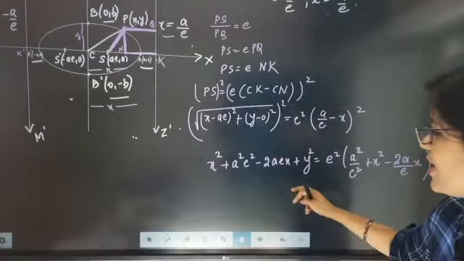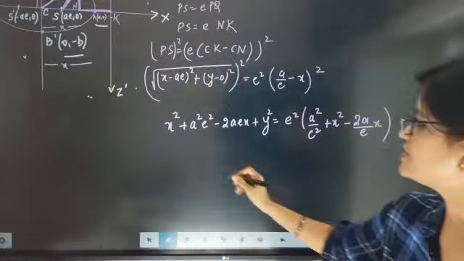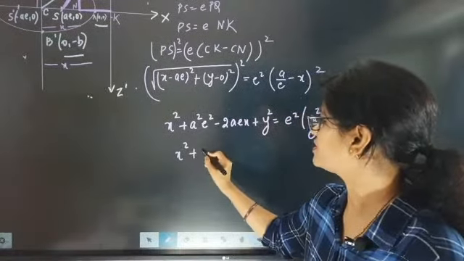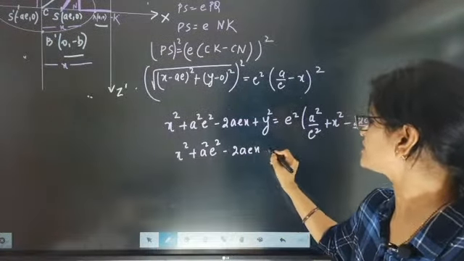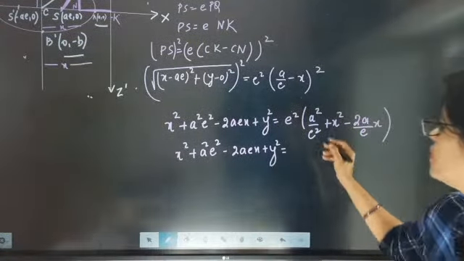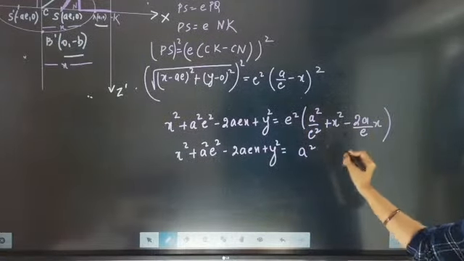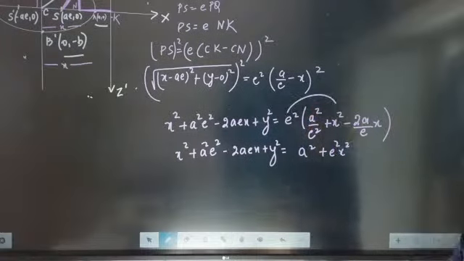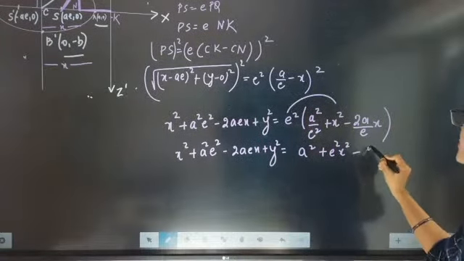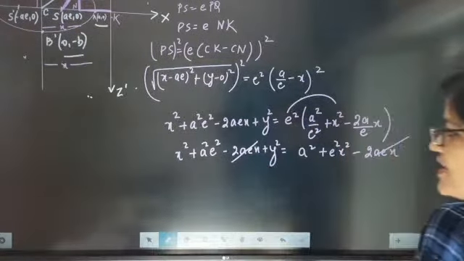When we are going to square it, now one small work, we will take e square inside. So x square plus a square e square minus 2aex plus y square equal to a square, because e square will cancel, then e square will go inside, it will become e square x square, this e square will multiply with x square, then minus 2aex. Okay, so minus 2aex here, minus 2aex cancelled.